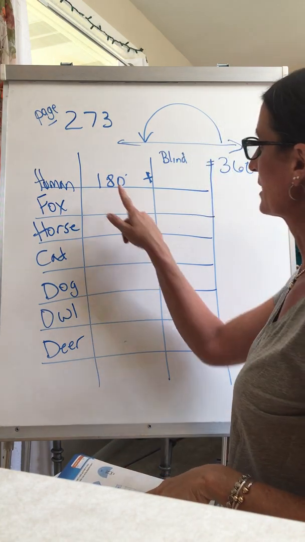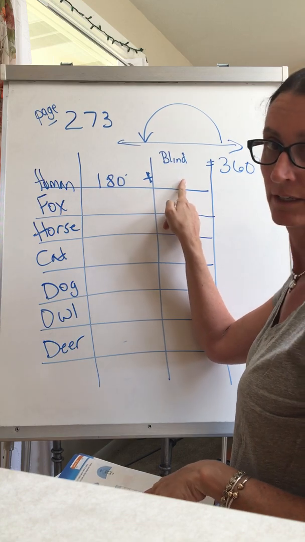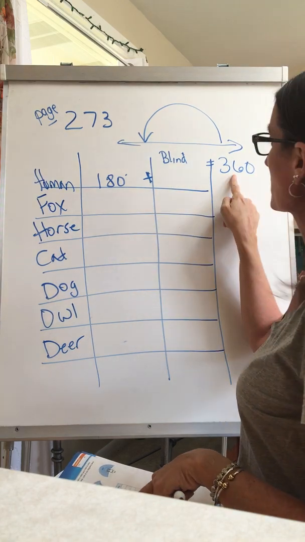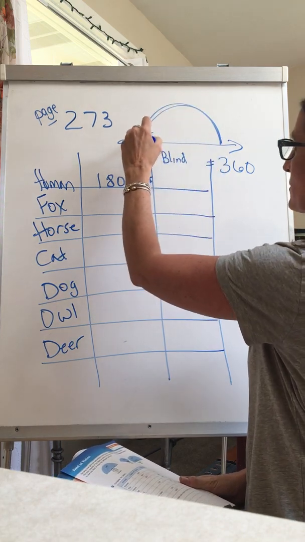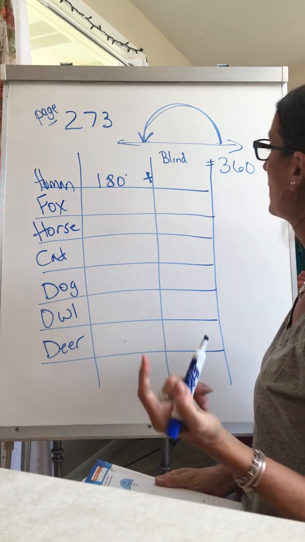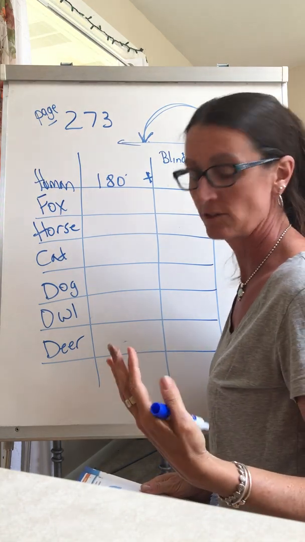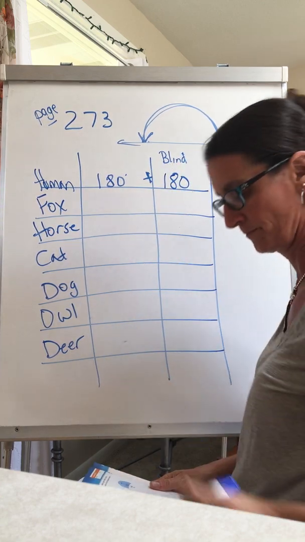So a human can see 180. So 180 plus what equals 360, okay? Well, I know this is exactly 180, so that bottom part is exactly 180. And I know 180 plus 180 is 360. So their blind spot is 180 also.